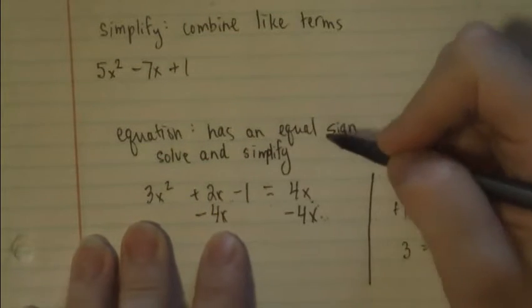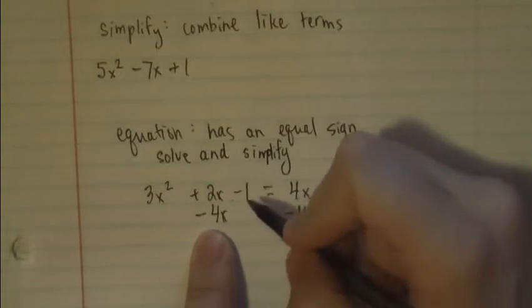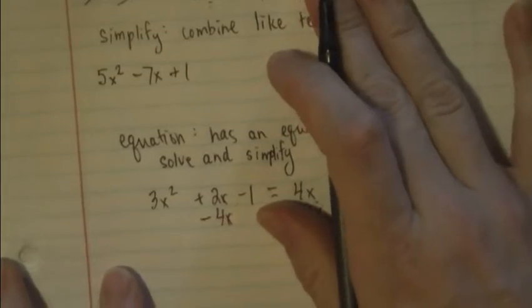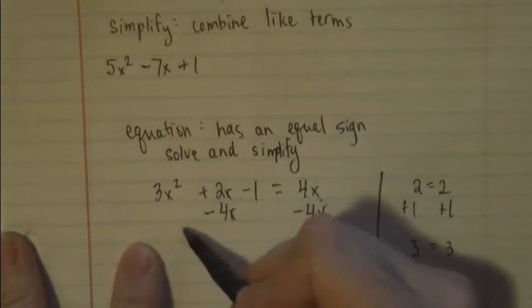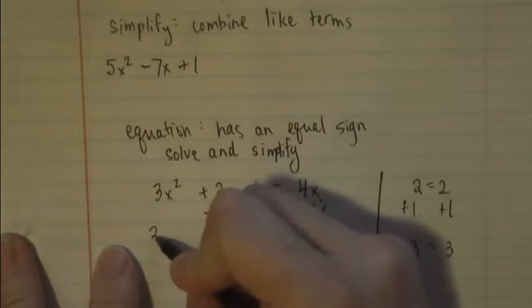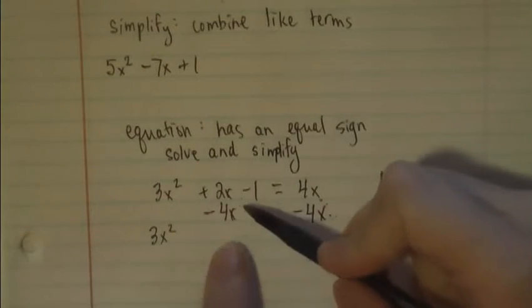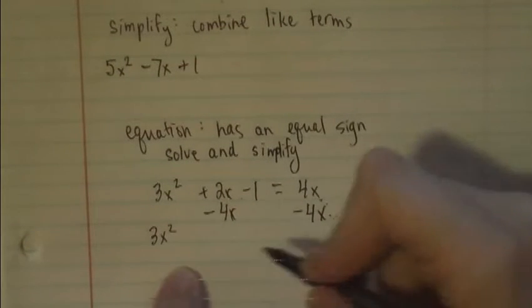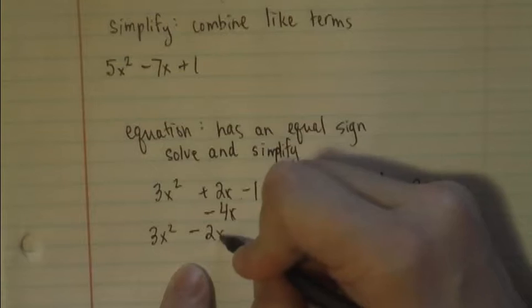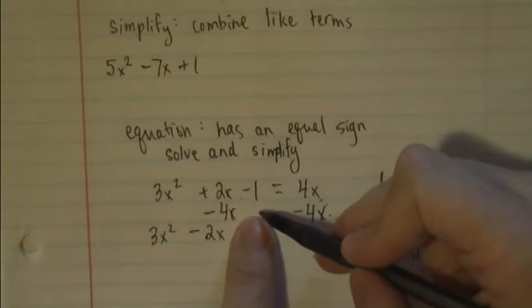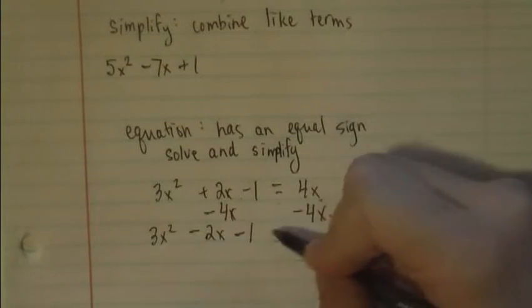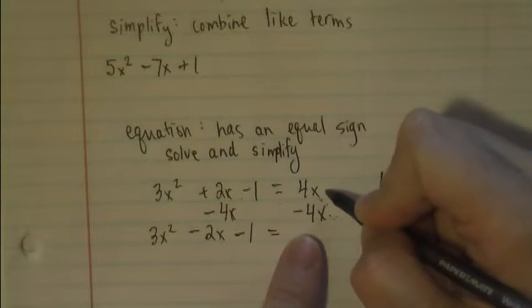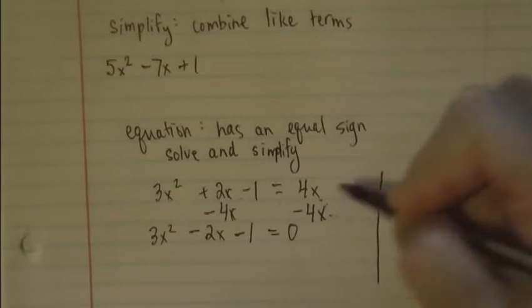And I'm going to put it underneath of the other term that it's similar to. So then we get on the left, the 3x squared hasn't changed. And then you have 2x minus 4x, so that becomes a negative 2x. And then I have a minus 1, I haven't changed that. And then on the right, I have 4x minus 4x, I get a 0.